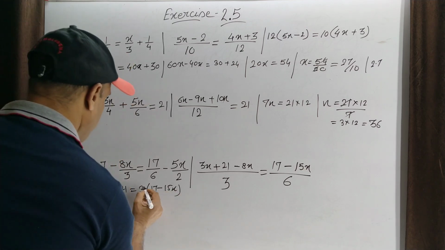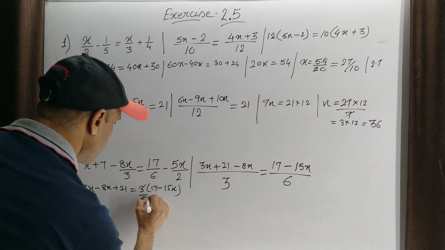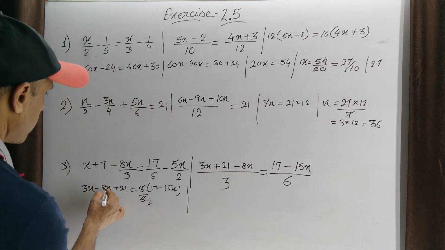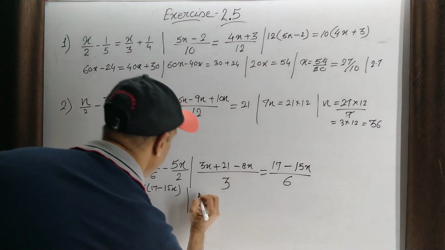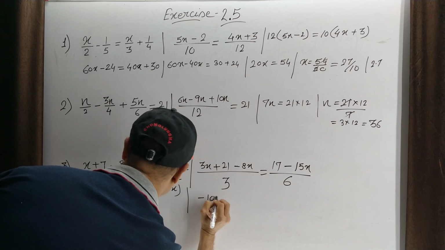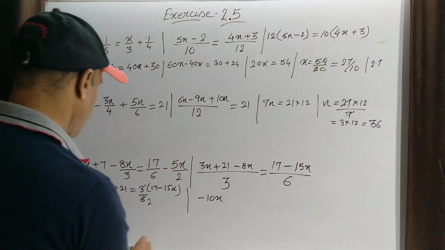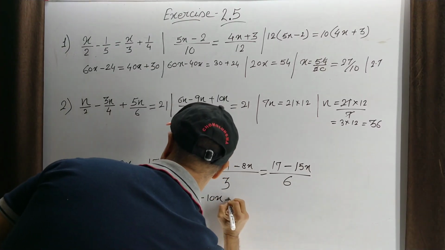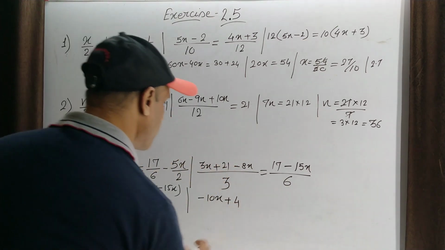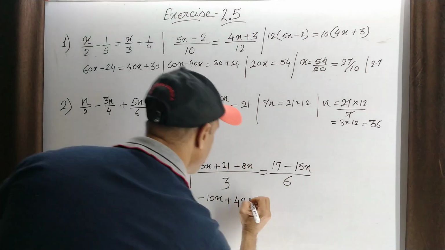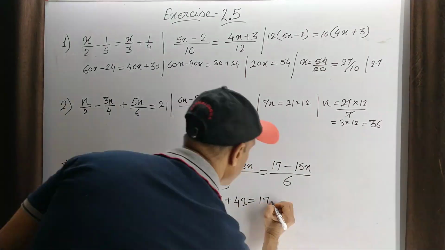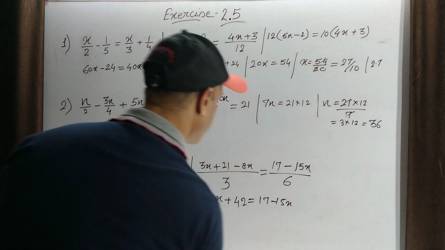Okay, so this gone, this become 2, so we write it as minus 5x, so 5 into 2, that will be minus 10x, and this will become plus 42, 2 into 21 is 42, is equal to, this will remain 17, and this will be minus 15x.